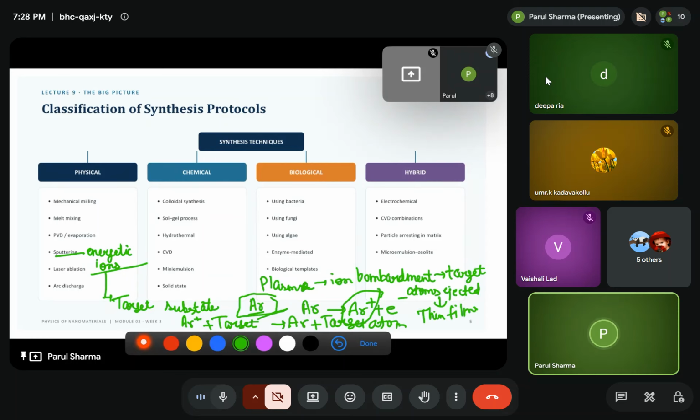So it is totally different from the PVD, where we were using thermal evaporation, where we were using heat for the film growth. But in this case, we are using the plasma. So why are we saying these are physical techniques?